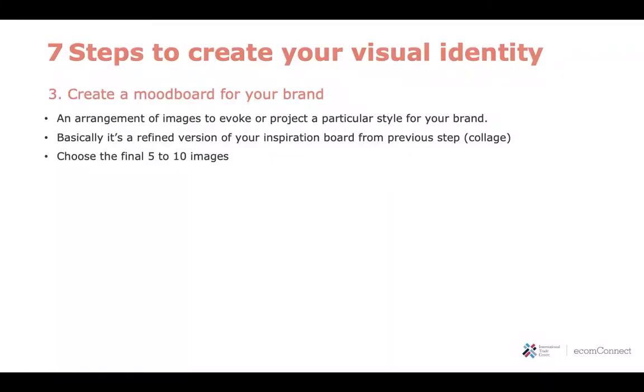In step 3, we are creating a mood board for your brand. What is a mood board? It is an arrangement of images to evoke or project a particular style for your brand. Basically, it's a refined version of your inspiration board from the previous step, that collage you created on Pinterest.